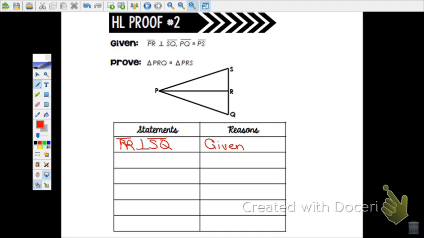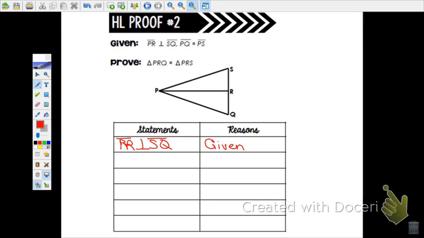So how does that help me? Now, using this given statement, look in your proof book down at the bottom where they have those boxes. What's going to be my next statement using that given?